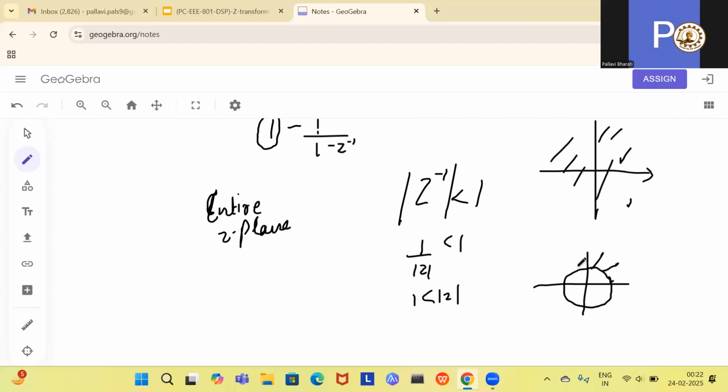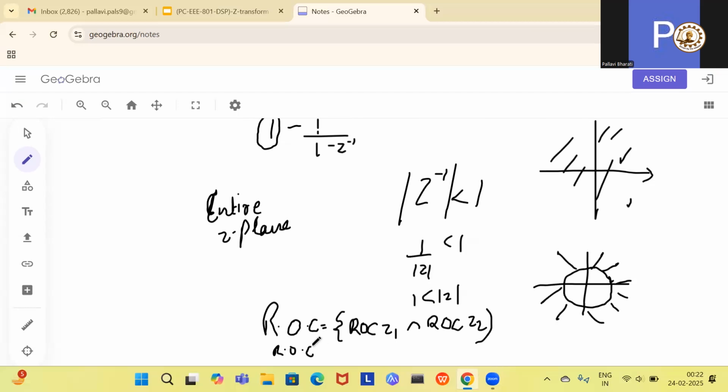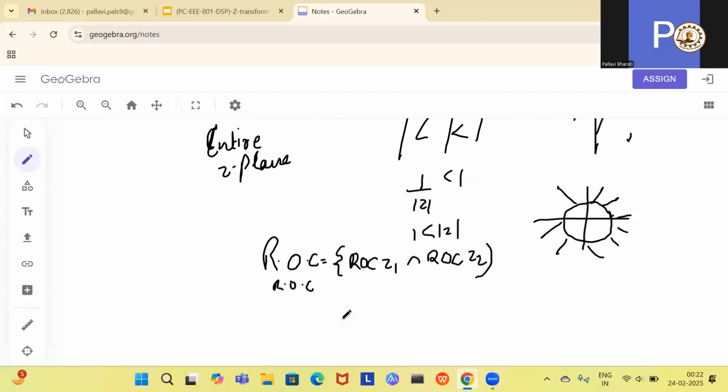Mod z greater than 1. So finally, what is the answer? The intersection. So in intersection, only the outside portion will come. So the final ROC is the intersection of the ROC for X1 of z and ROC of X2 of z. That will give you the final ROC. So the ROC is mod z greater than 1.